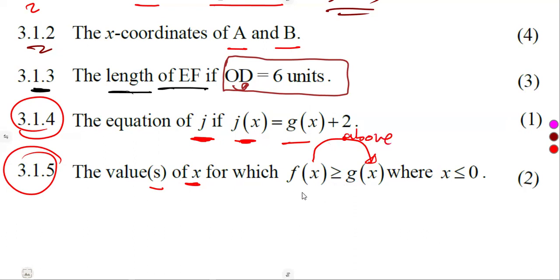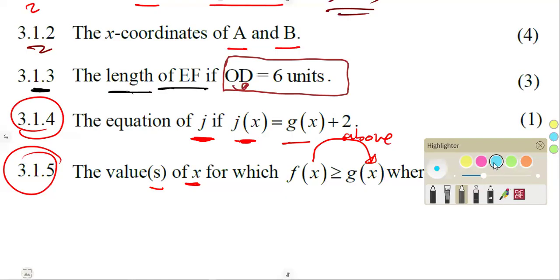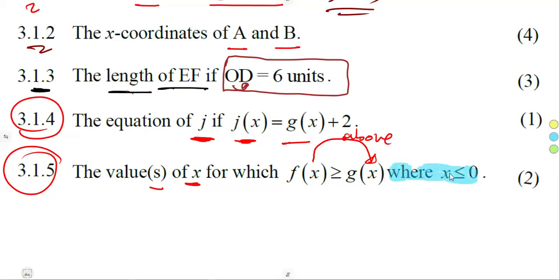Where is it that f is above g? But on that consideration, we are also limited that it must be on a condition where x is less than or equal to 0. We must not exceed this condition in our answer.